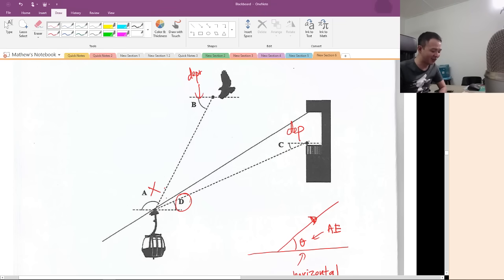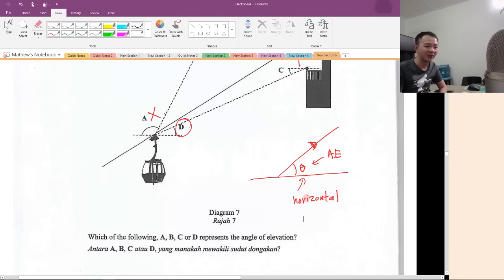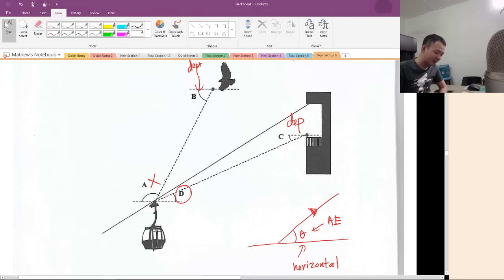It is not elevation and not depression, so the only elevation will be D. Quite simple. Why not A? Because A looks so weird here. Can we have an A here?